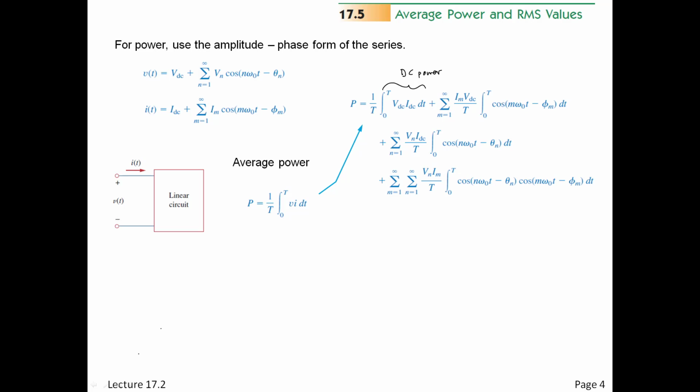And then the AC power is going to be the product of all of these, right? We have a DC component in each and then a string of AC components. So we're really going to be looking at all the possible multiplications. And we've taken care of the first one.